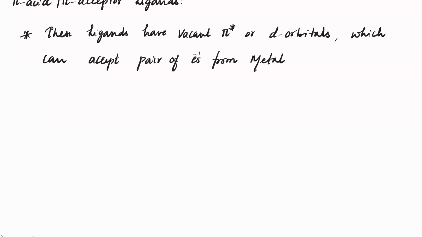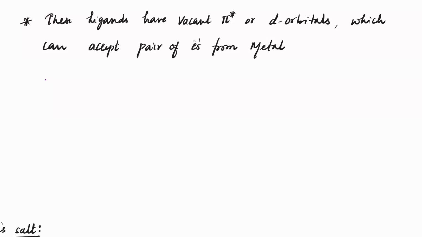How does it happen? Look into it. So, what are the pi acceptors, if you notice? That includes carbon monoxide, cyanide, ethylene, even a simple benzene, correct? Or a pyridine, correct?